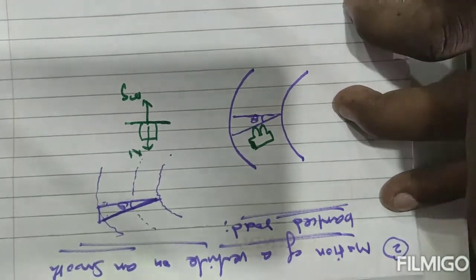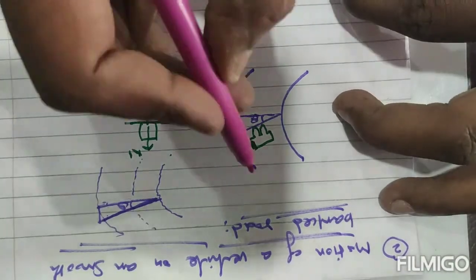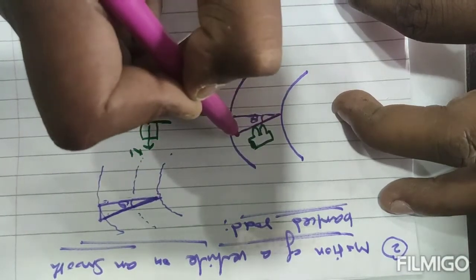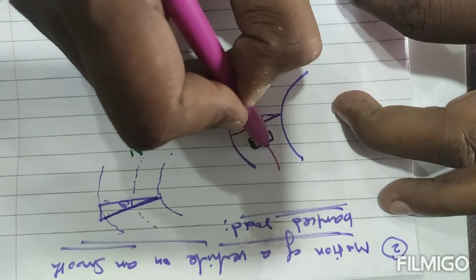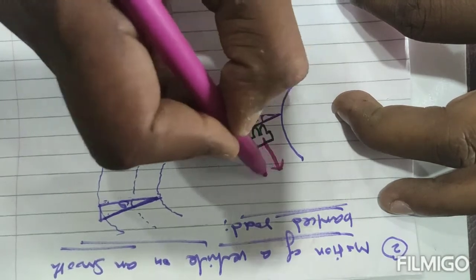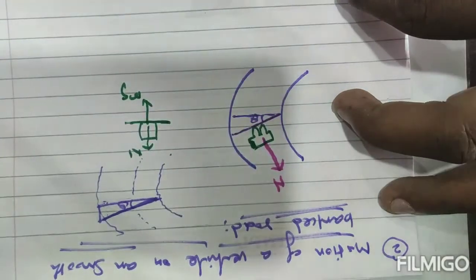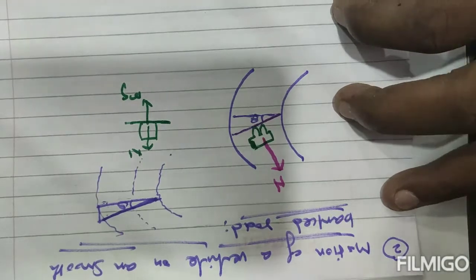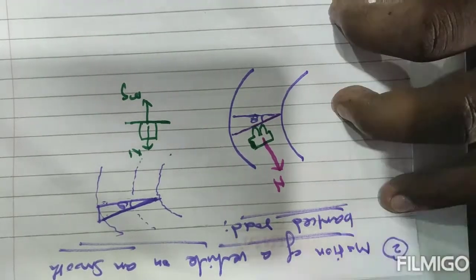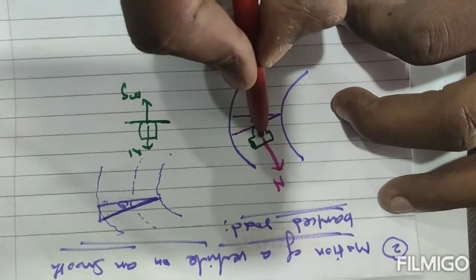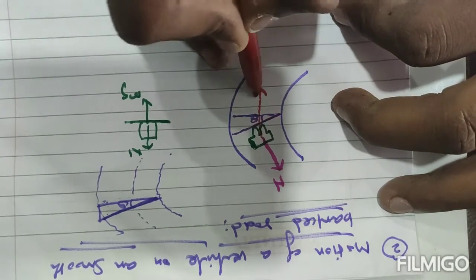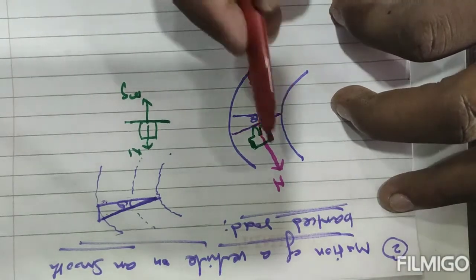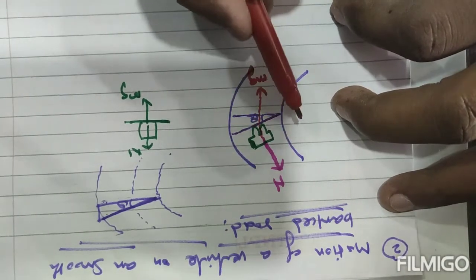So here the normal is perpendicular to the plane. Weight is always acting in the downward direction, no doubt, so I can draw mg exactly downward.